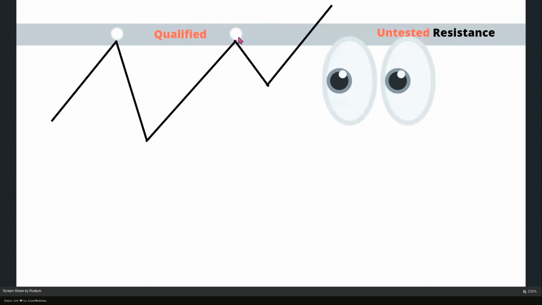If price pivots away from it and then retests the level again. So what would make this level here an untested level? Because we need qualified and untested resistance to trade short here. And if it was a trend line going up, we would need an untested level there as well.